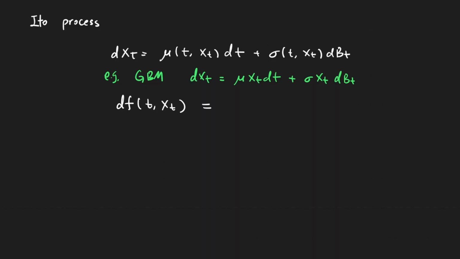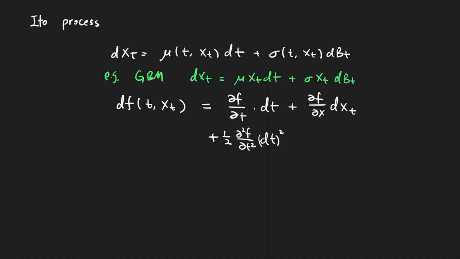So that will be... The key thing here is that even though we have three quadratic terms, the only term going to survive is related to dbt squared.